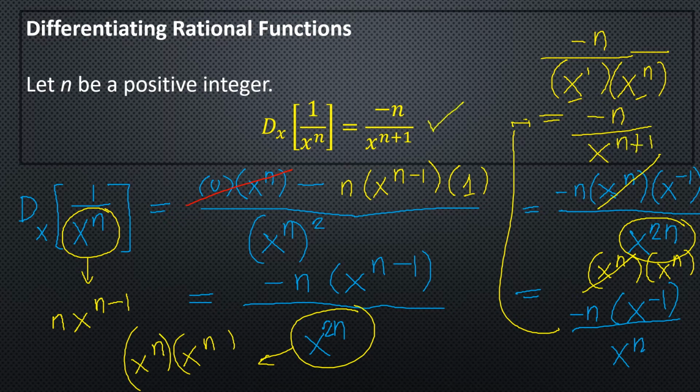So that is where it came from. Also, we can rewrite this as negative of n over x raised to n plus 1. So in understanding, we just need to observe the exponent of the denominator and locate it in its position.